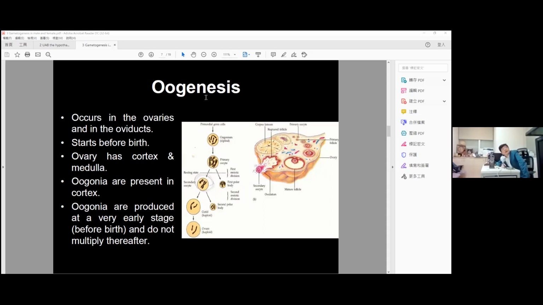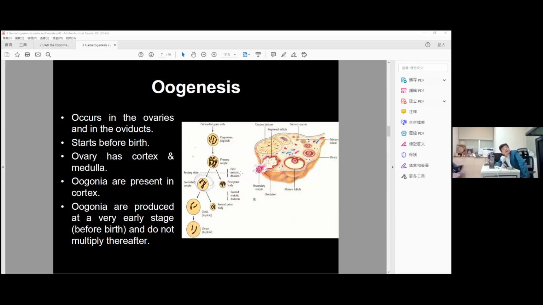In oogenesis, you can see from the follicle, inside the follicle, the diploid cell and the primary oocyte. Then the ootid is haploid. The mature ova is haploid.